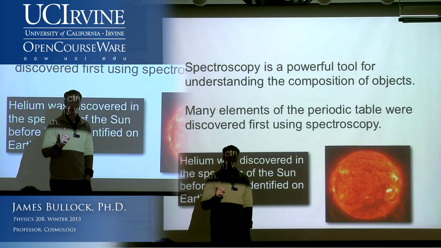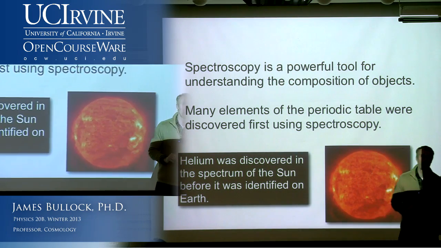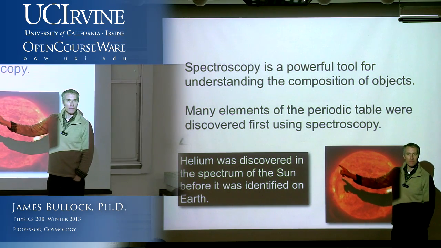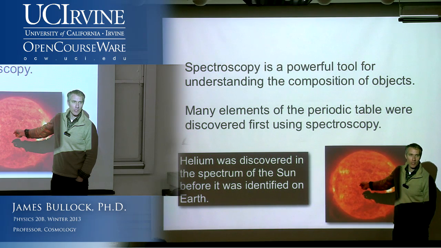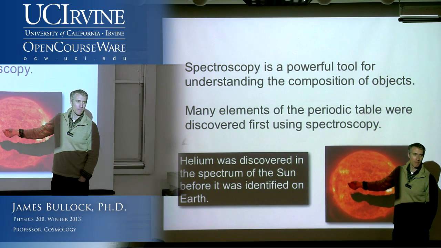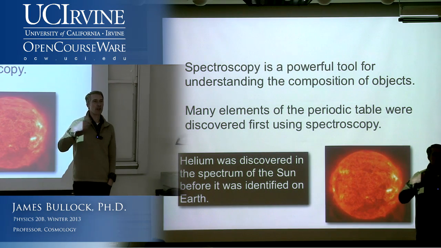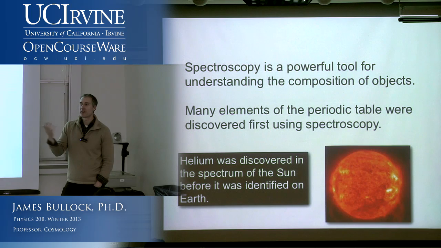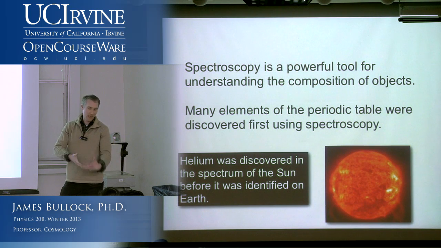But a really interesting historical fact is that the element helium was actually discovered on the sun before it was discovered on Earth. That's why it's called helium, helios. It was seen in the spectrum of the sun before it was ever seen on the Earth. Eventually people did see it. It's a gas, they saw it coming out of the ground at some point and took the spectrum and said, oh wait, this is helios. This is the sun. The sun's made of this stuff.